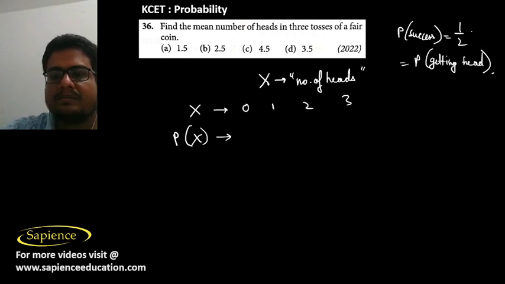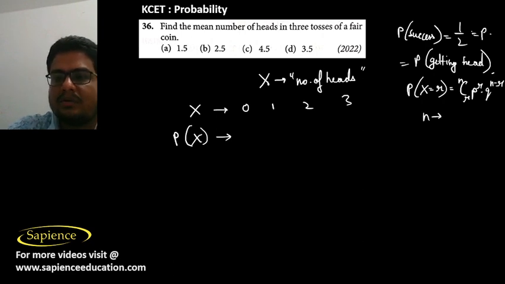So that is equal to p. We know that the probability of x equal to r is equal to nCr p power r into q power n minus r, where n is the number of Bernoulli trials. Here n is equal to 3, and r can be the values of x, which are 0, 1, 2, and 3. And p is equal to half, and q is also equal to half.